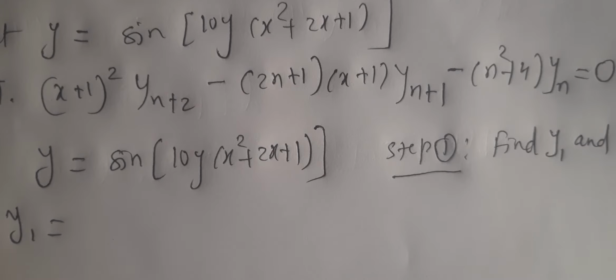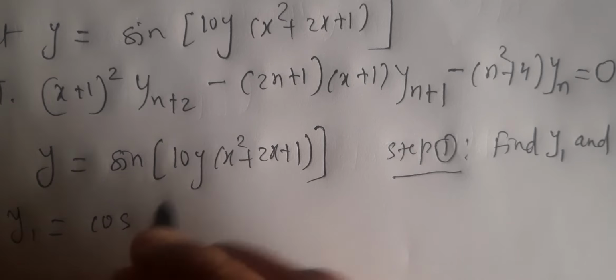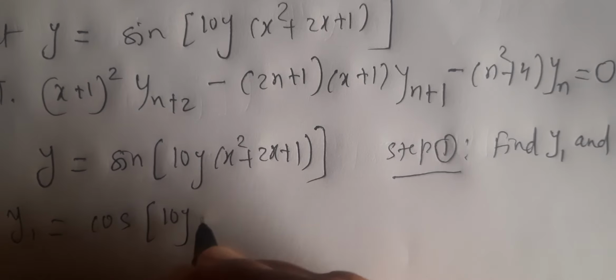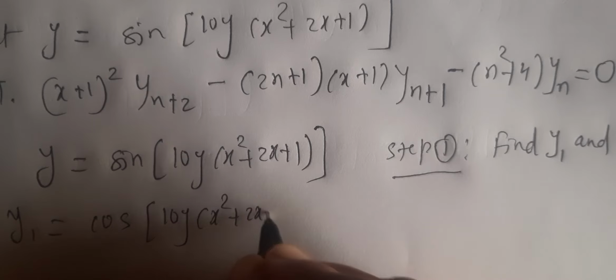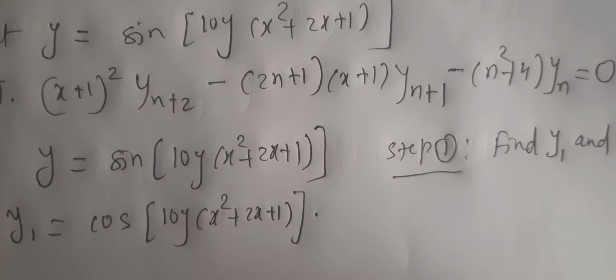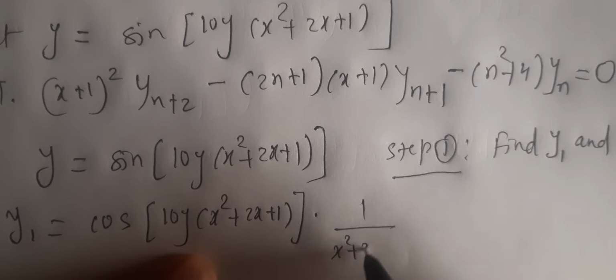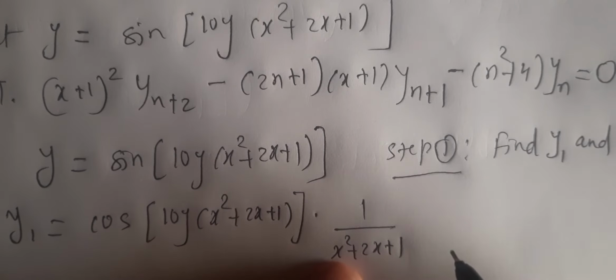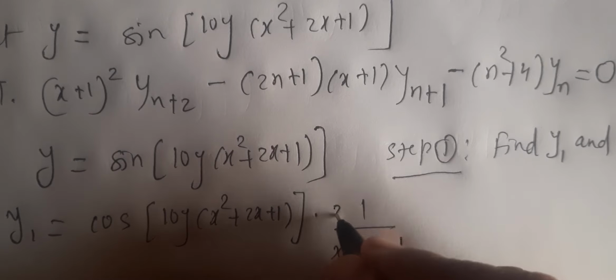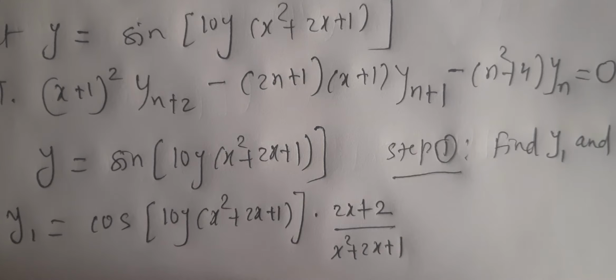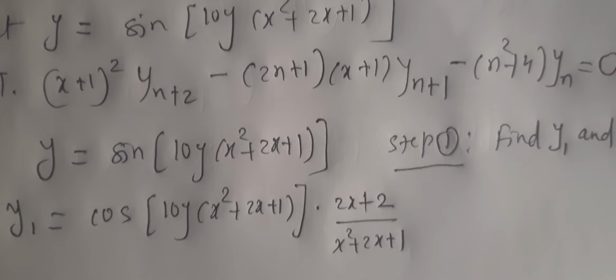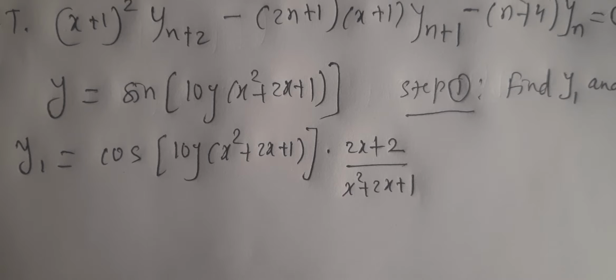Let's find y1. Now all of you know derivative of sine is cos, so it is cos of log of (x square plus 2x plus 1) into derivative of log of this, which is 1 upon (x square plus 2x plus 1) into derivative of this, which is 2x plus 2. Now whatever derivative you have obtained, after finding the derivative, please check, can you write this in terms of y?